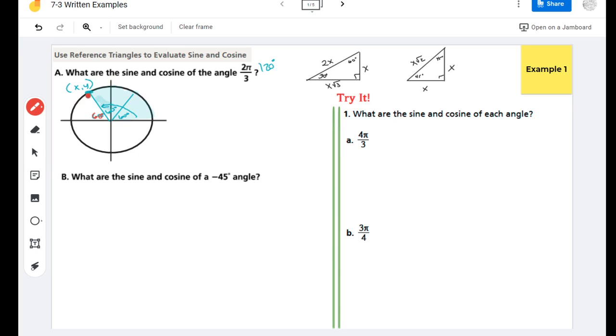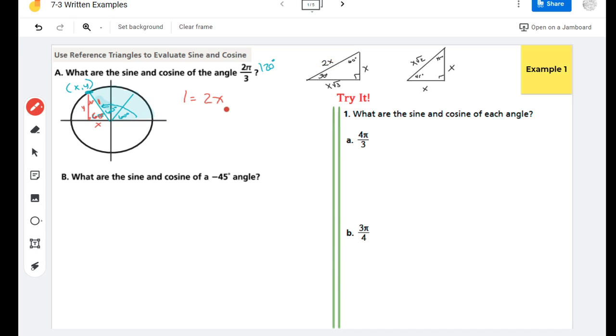Because if I drop down a line perpendicular to the x-axis, I could then find the x value and the y value. Now remember, because this is a part of the unit circle, I know that my hypotenuse is equal to 1. So if I go to my 30, 60, 90 right triangle, I can now set 1 equal to 2x.